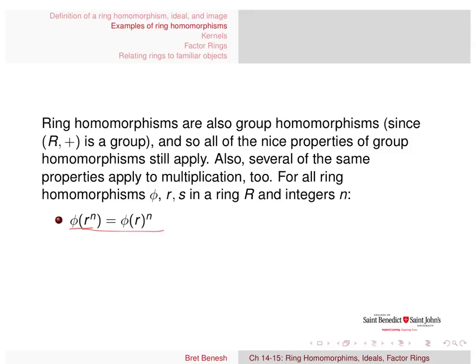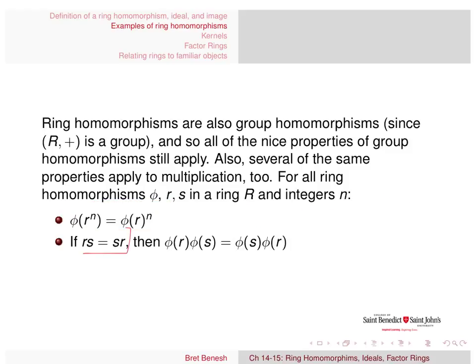So this we don't get from the fact that it's a group homomorphism. We do get this: n times r is equal to n times phi of r. That we get from a group homomorphism. But the proof is basically the same for this. This is a simple induction proof, and I encourage you to do it on your own.